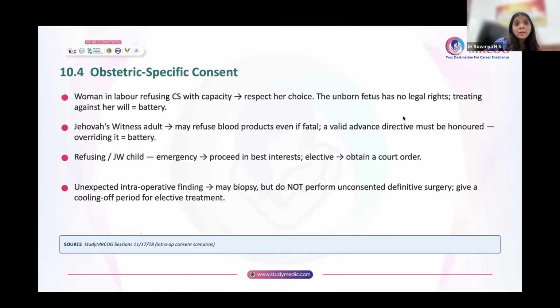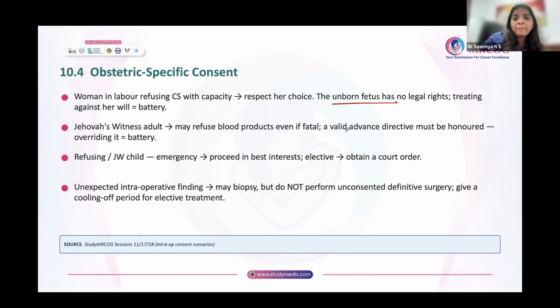Remember, even if there is a prolonged fetal bradycardia, if the mother refuses, you have nothing to do. You have to document, and your consultant has to speak, as the unborn fetus has no legal right. You can't force her to have a cesarean section. Forcefully, you cannot get the cesarean section done if she's not willing.